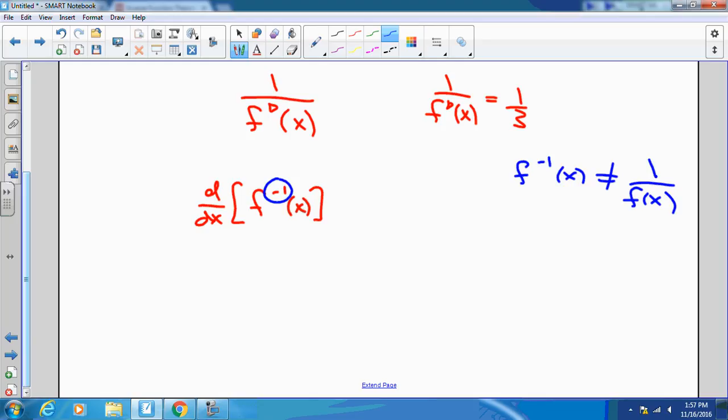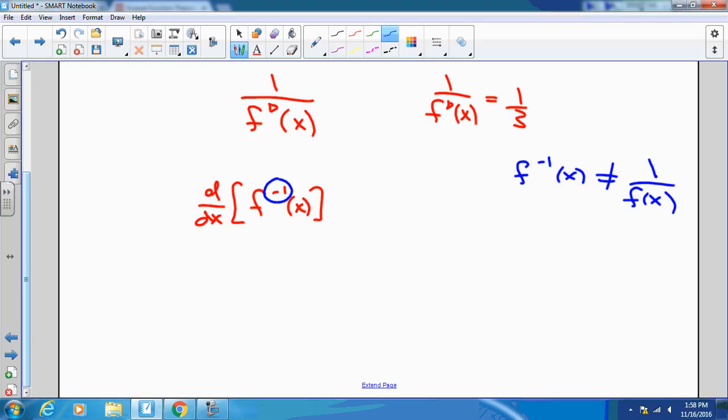Is it ever the case? You know, I gotta think about this. Can I have a function whose inverse is in fact its reciprocal? Actually, I think that's generally not true.